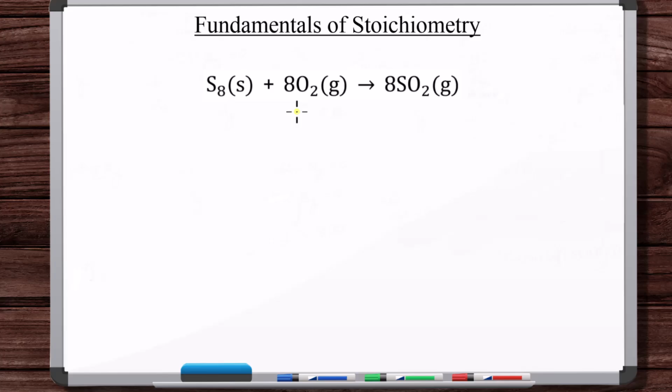For example, if we asked the question, for exactly 8 moles of oxygen gas, or maybe some nice multiple of 8, exactly 16 moles of oxygen gas, how many moles of S8 sulfur are consumed and sulfur dioxide are produced? Right? This nice, perfect stoichiometric amount. That's a clean multiple of one of these coefficients.